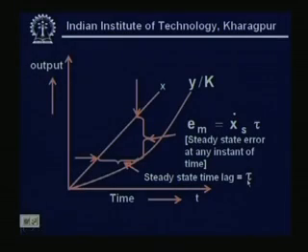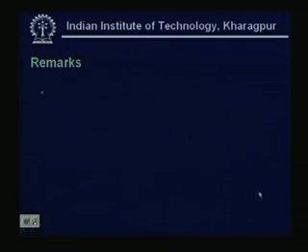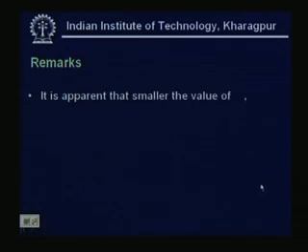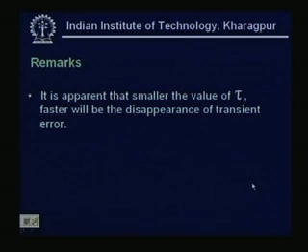Interestingly, you see the steady state time lag is always tau. So, steady state error at any instant of time is x_s dot into tau and steady state time lag is tau. What is the remark for a system with a step input? It is apparent that the smaller the value of tau, the faster will be the disappearance of the transient error.